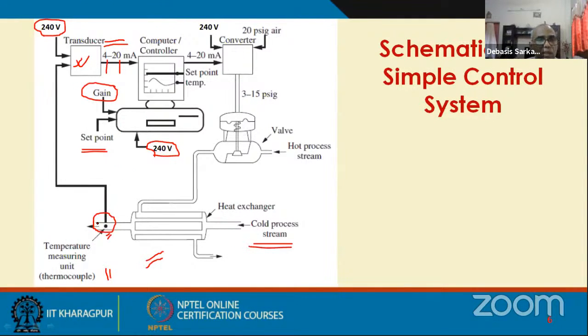So the 4 to 20 milliampere current signal corresponding to the measured temperature goes to the controller, which is the computer, and then the controller or this computer decides what should be the flow rate of this hot process stream through the heat exchanger.